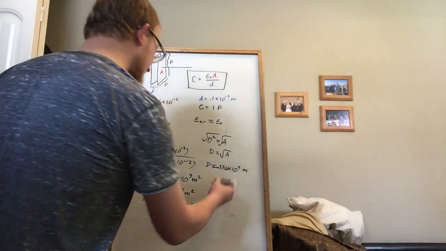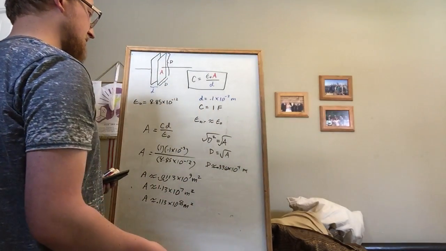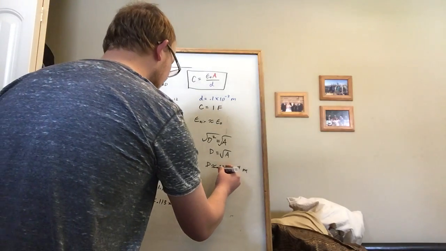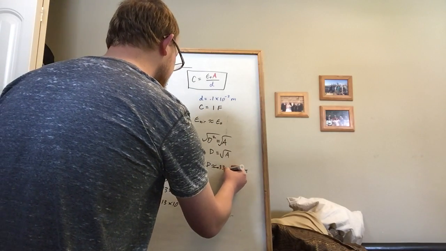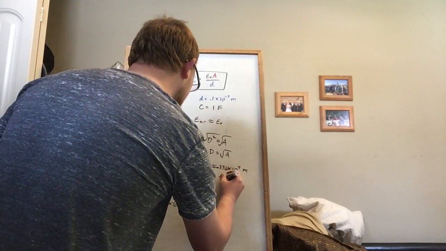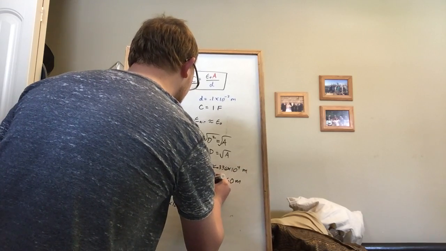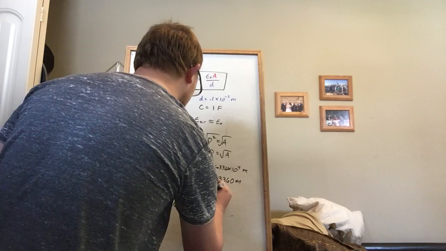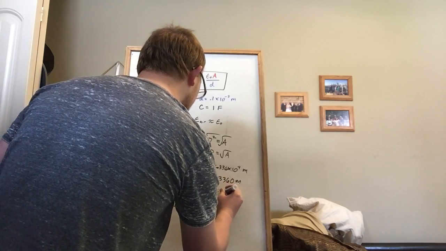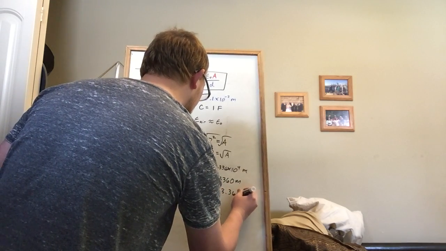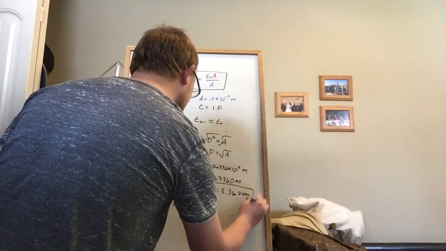So if we move this to regular meters, we would move it 4 places to the right. That would give us 3360 meters for one side length, which is equivalent to 3.36 kilometers per side length.